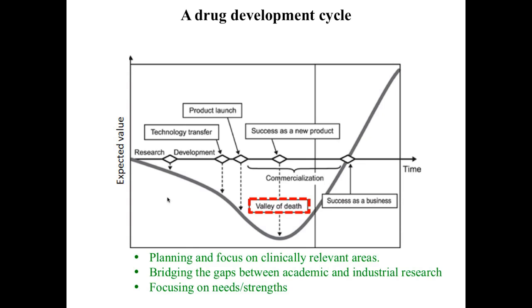And you will have research and development. After the research and development, the technology will be transferred. Still, you have to invest money. And then there will be a product launch. Still, one has to invest money. And one has to invest money even after the launch of the product, during commercialization.